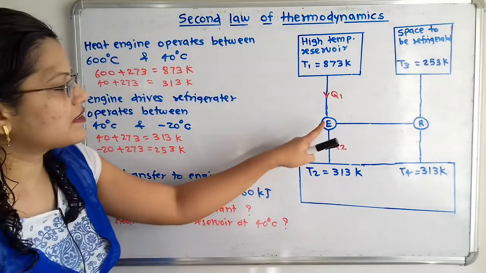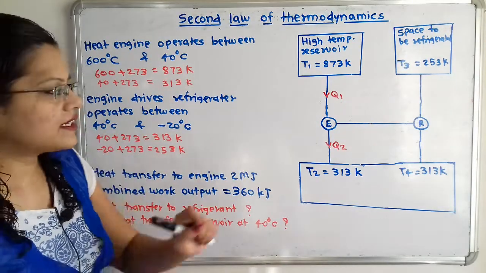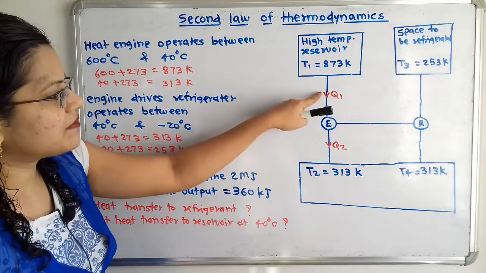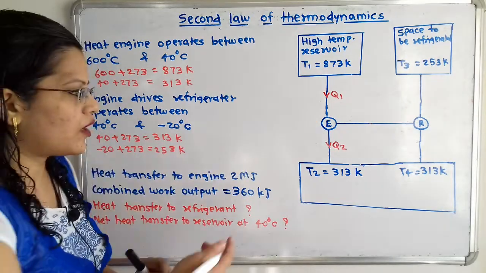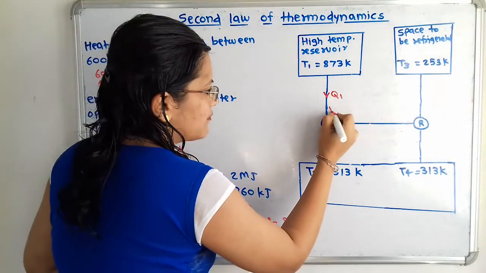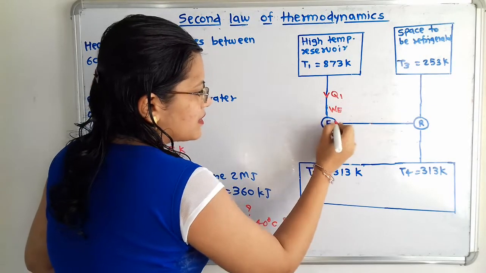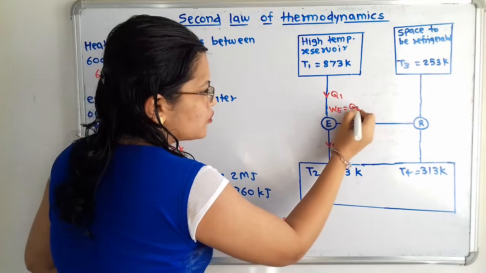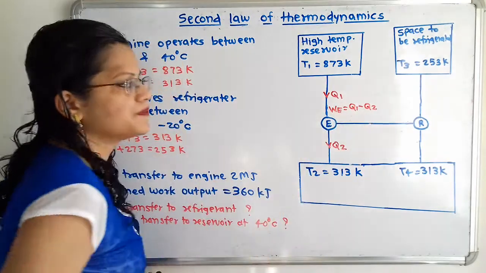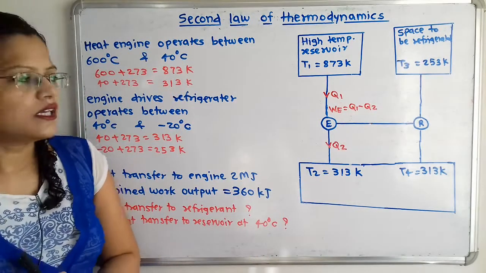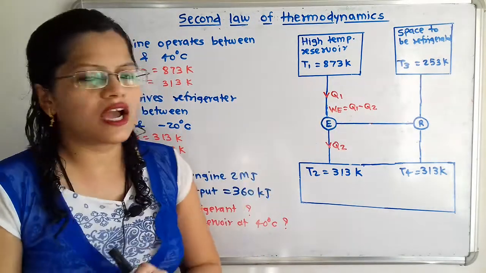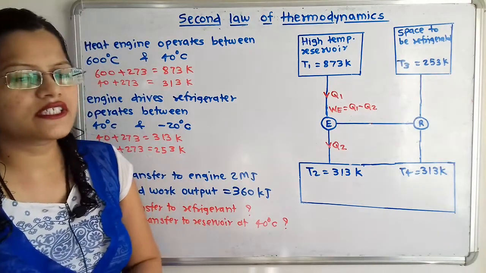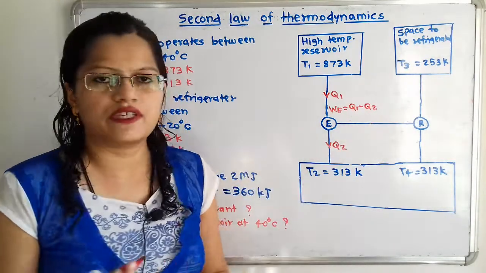So what is the work done by this heat engine? That is the difference between the heats Q1 and Q2. So I will say WE, the work done by the heat engine, is equal to Q1 minus Q2. Now out of this total work output, some work is given as an input to the refrigerator.